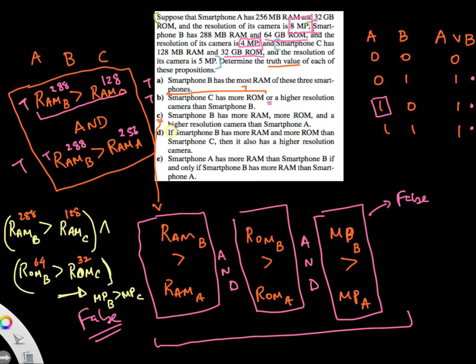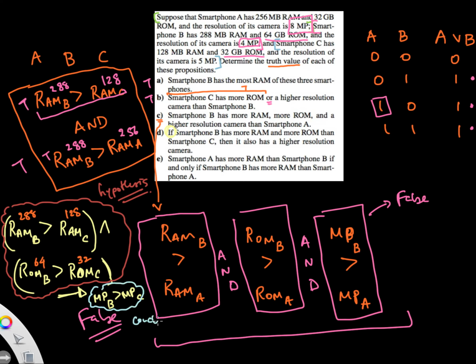Okay, so the hypothesis is in red, in this red cloud here. Everything in red over here is my hypothesis. And finally, everything in blue over here is my conclusion.